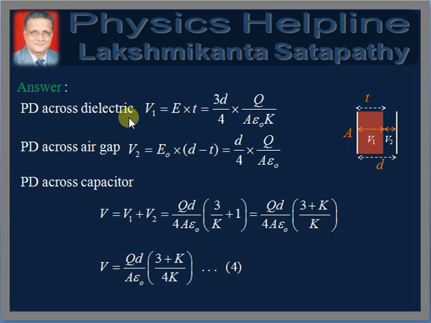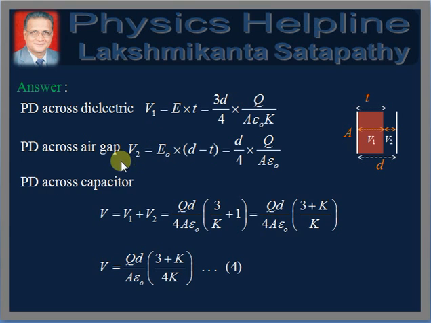So, potential difference across the dielectric is given by V1 is equal to electric field E inside the dielectric multiplied by the thickness T. Now, electric field E is given by Q by A epsilon 0 K and T is equal to 3D by 4. That is what we have put here.